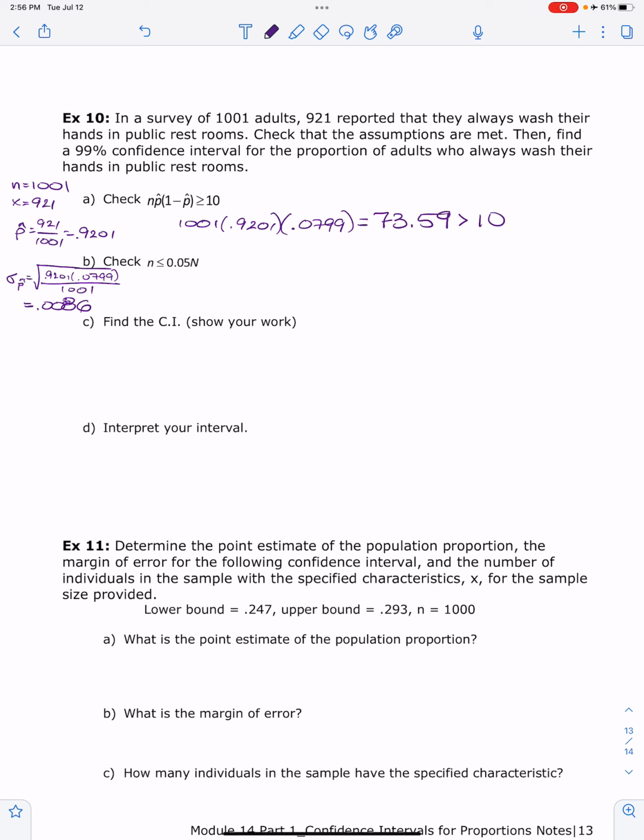We're good. 1,001, again, is definitely less than 5% of the population. So that's good.